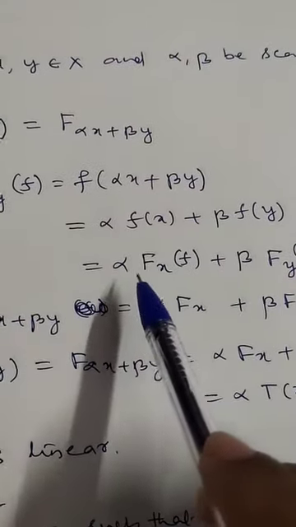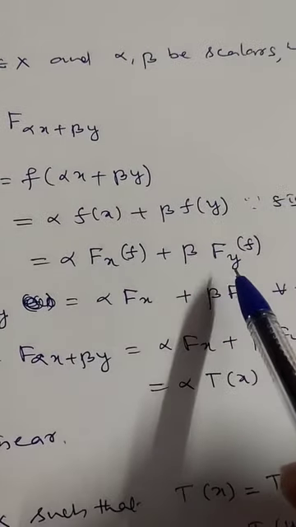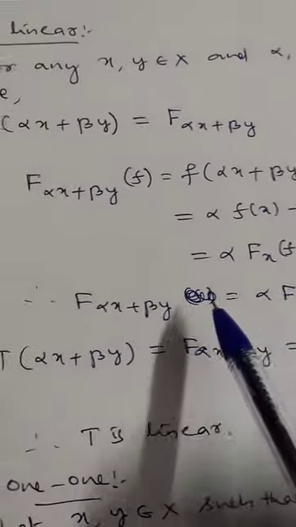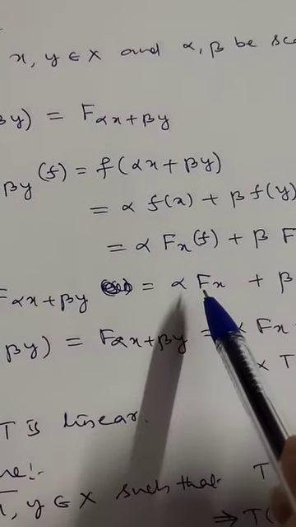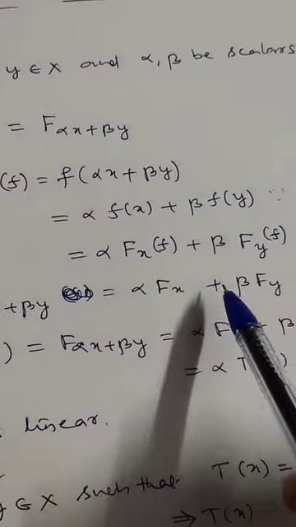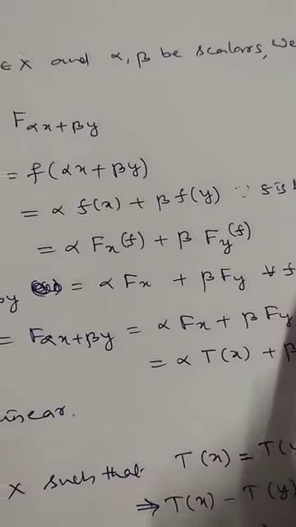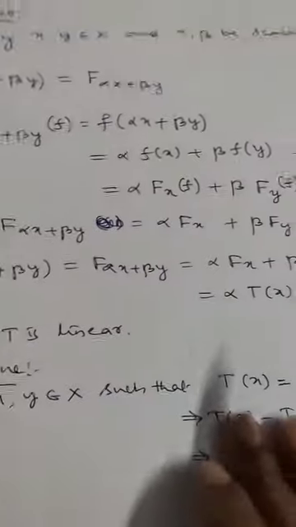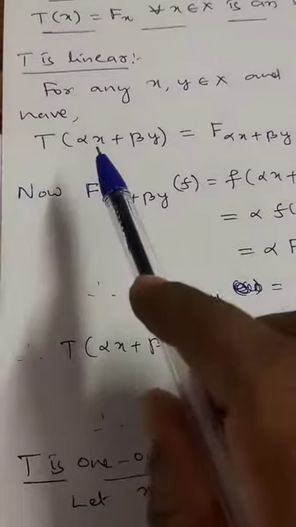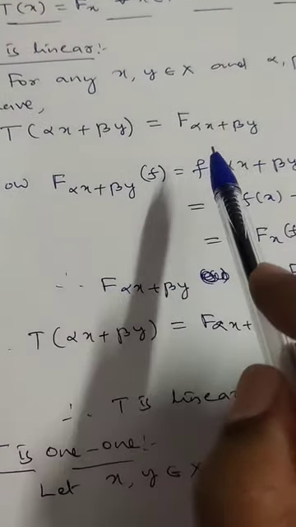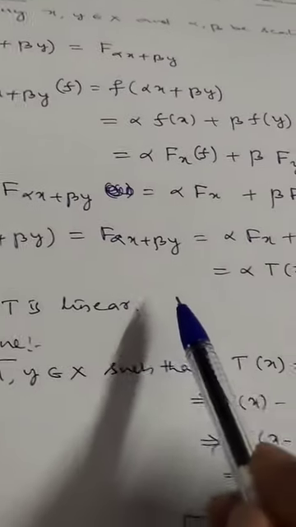So this is equal to alpha into Fx(f) plus beta into Fy(f). Therefore F of alpha x plus beta y is equal to alpha into Fx plus beta into Fy for every f belonging to X star. Therefore the above mapping T of alpha x plus beta y is F of alpha x plus beta y, so I will substitute these values.